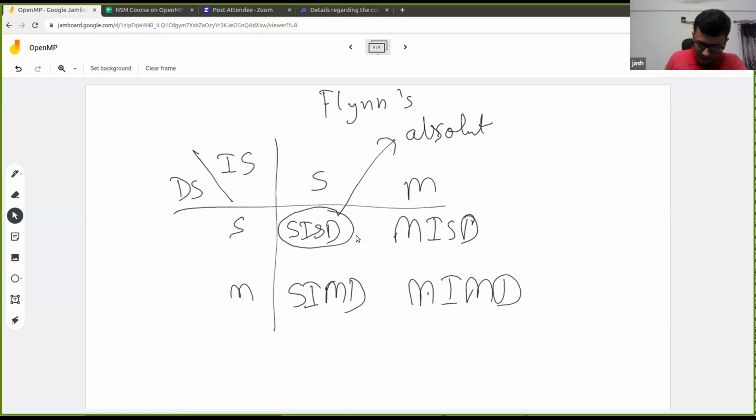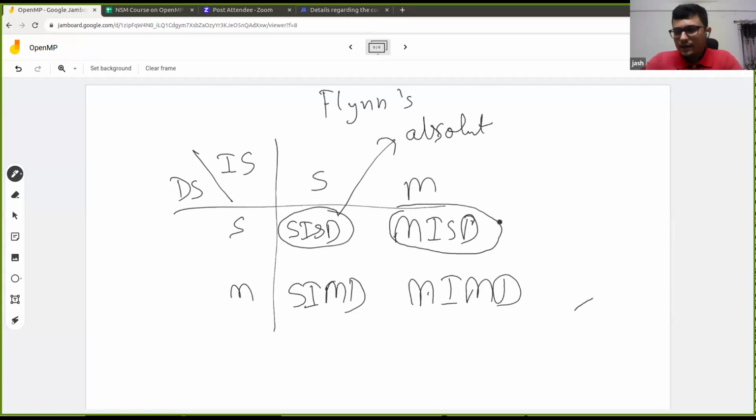Next is MISD. For MISD, there are very few practical applications built on this framework, where you have multiple instructions working on a single set of data.